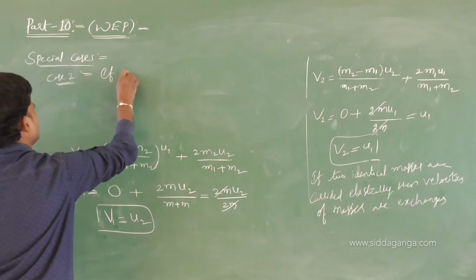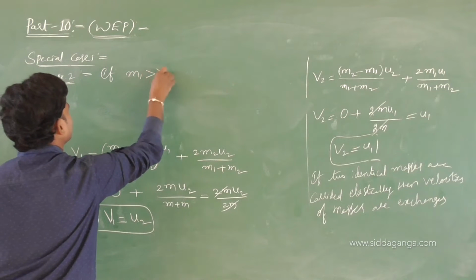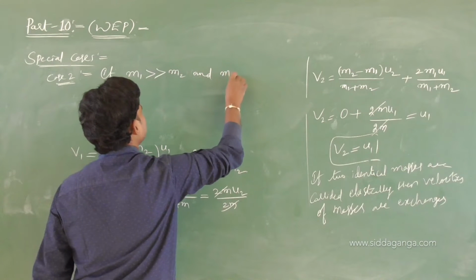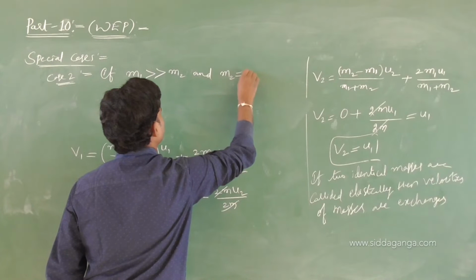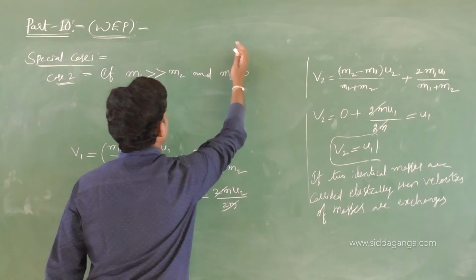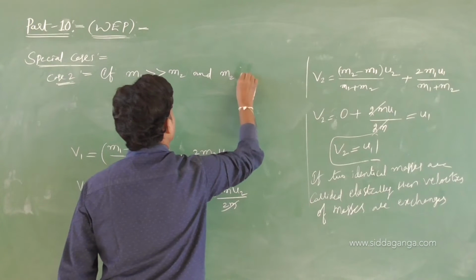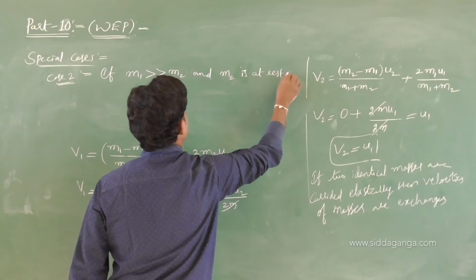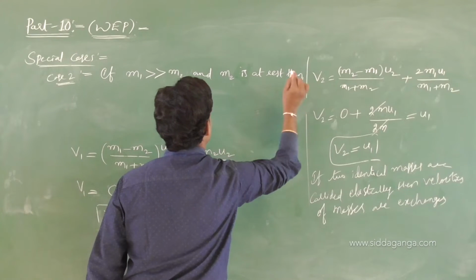If m1 is greater than m2 and m2 is at rest, so u2 is 0. Let us see what happens to v1 and v2.